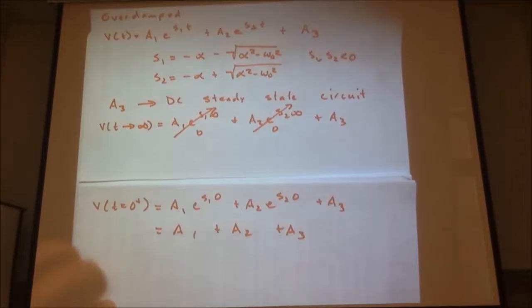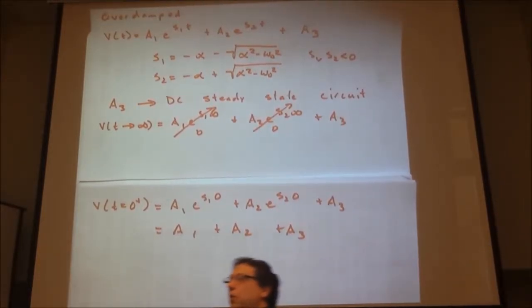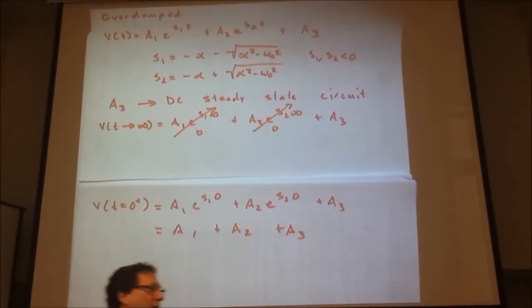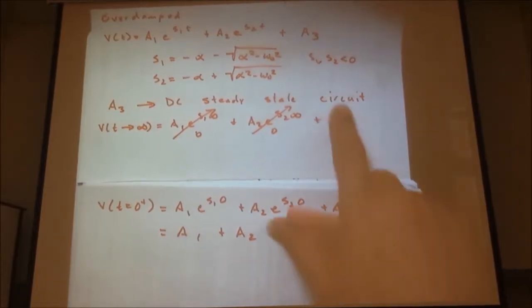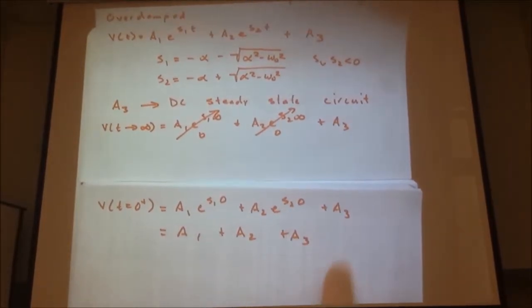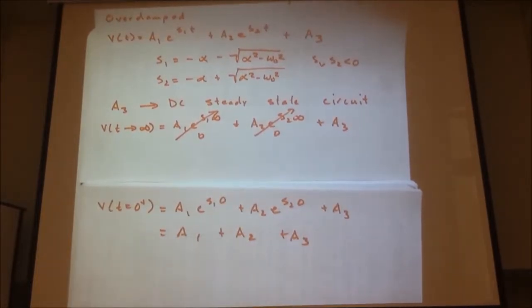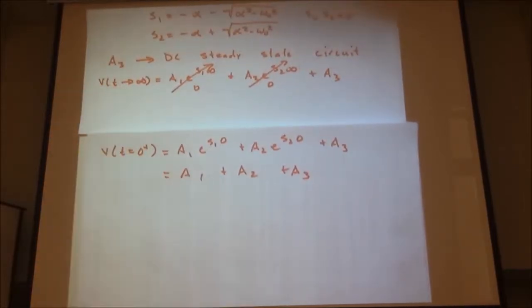And again, if we were looking at a different type of source, we would already know our particular solution function, so we could plug that in and get a direct number here. But effectively, this is known from above. We can write it out in general like we are right now, but this becomes a known value once we get to this step. And so this is an initial value problem. It depends on the circuit, and depends on the component we're looking at, of course.